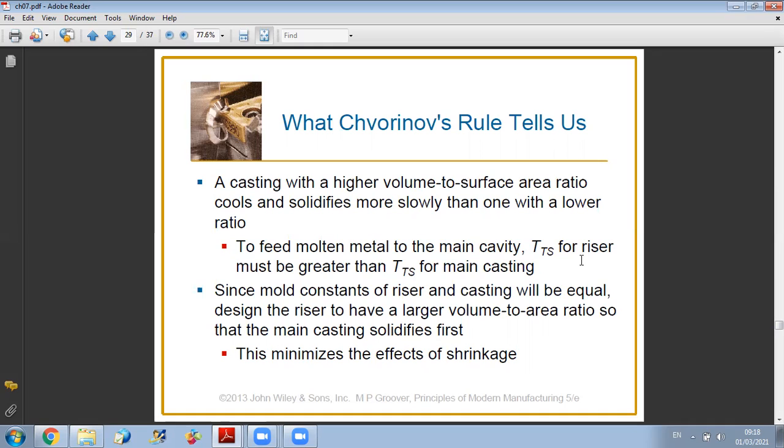Now, since the mold constants of riser and casting are equal, we should design the riser to have a larger volume to area ratio so that the main casting solidifies first. This will minimize the effect of shrinkage and also minimize the formation of voids in the final product.